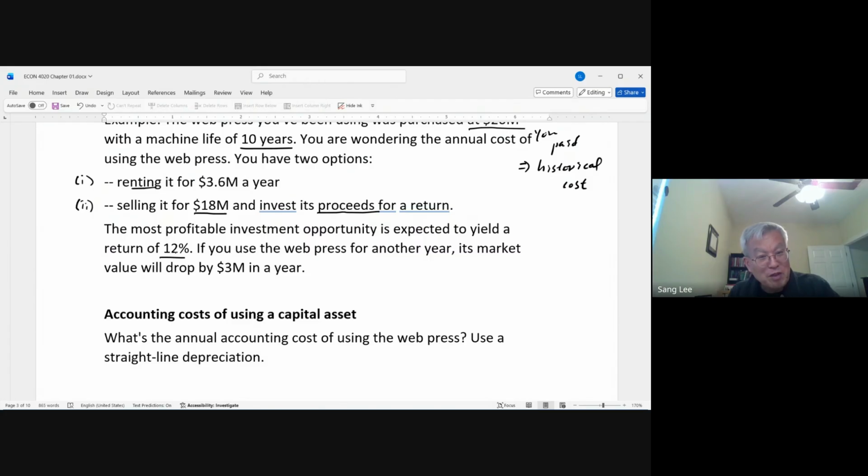How much return can I generate out of $18 million? If I don't have enough financial investment skills and knowledge, I may not be able to generate the 12% return. But if you are well experienced, then you might be. So opportunity cost is different depending on who you are.